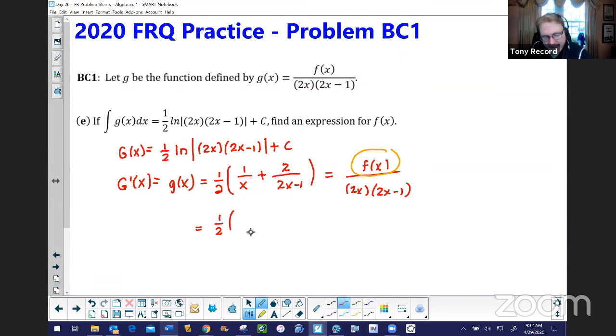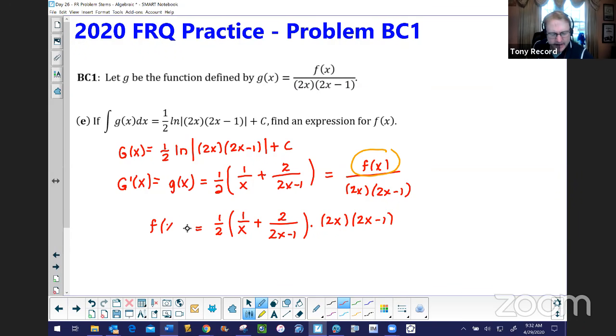So we have 1/2 times the quantity 1 over x plus 2 over 2x minus 1, times 2x times (2x minus 1). That would be your f of x.